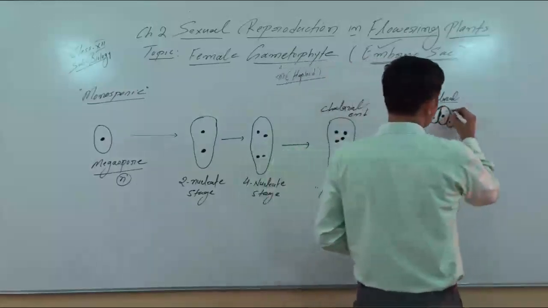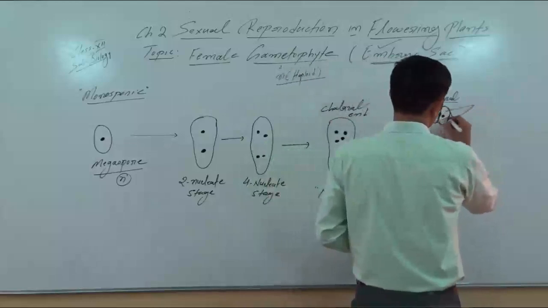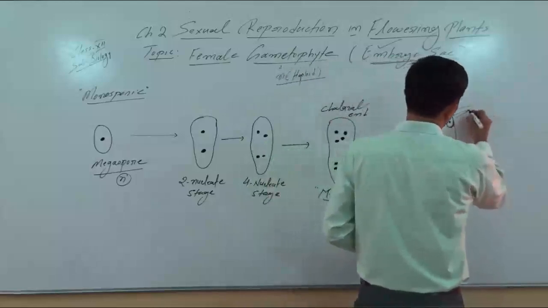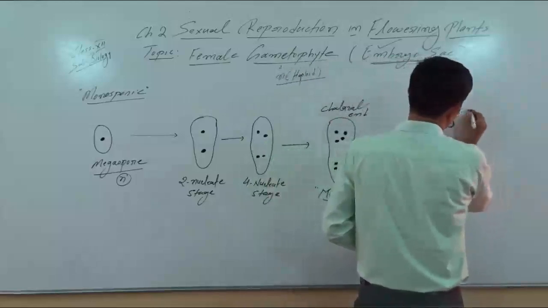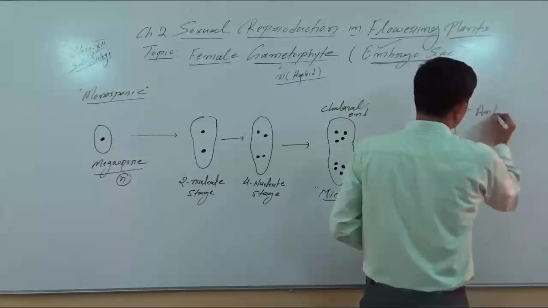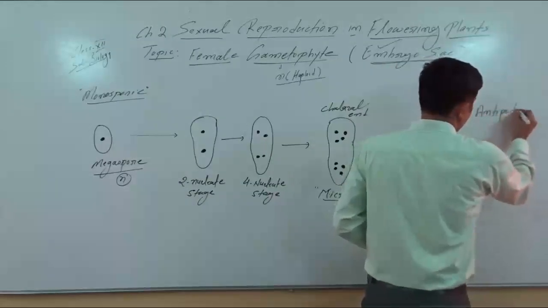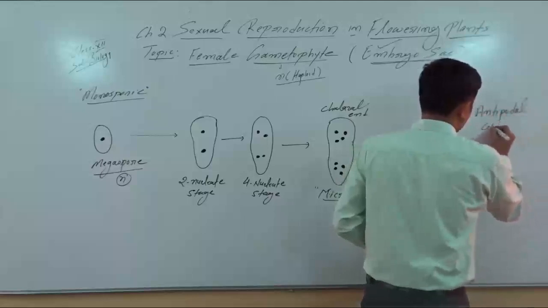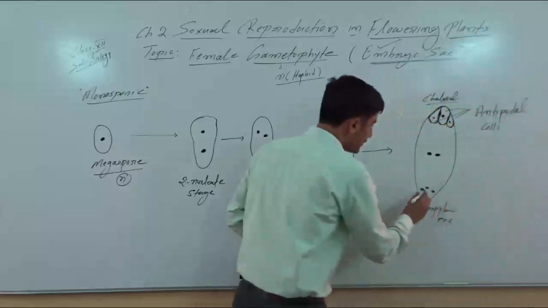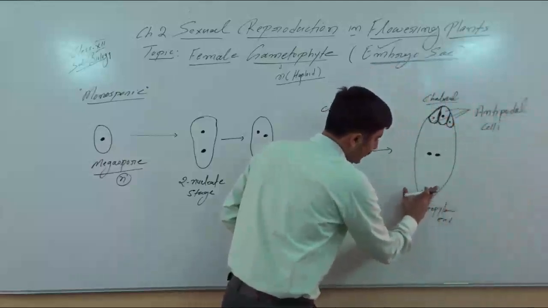These 3 cells are called antipodal cells. Antipodal cells. Okay.